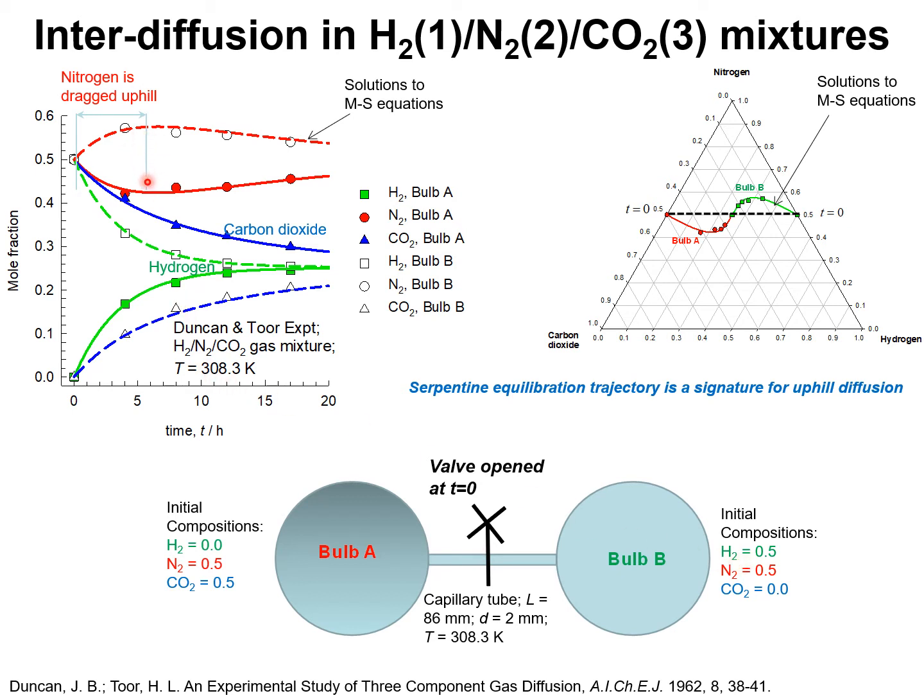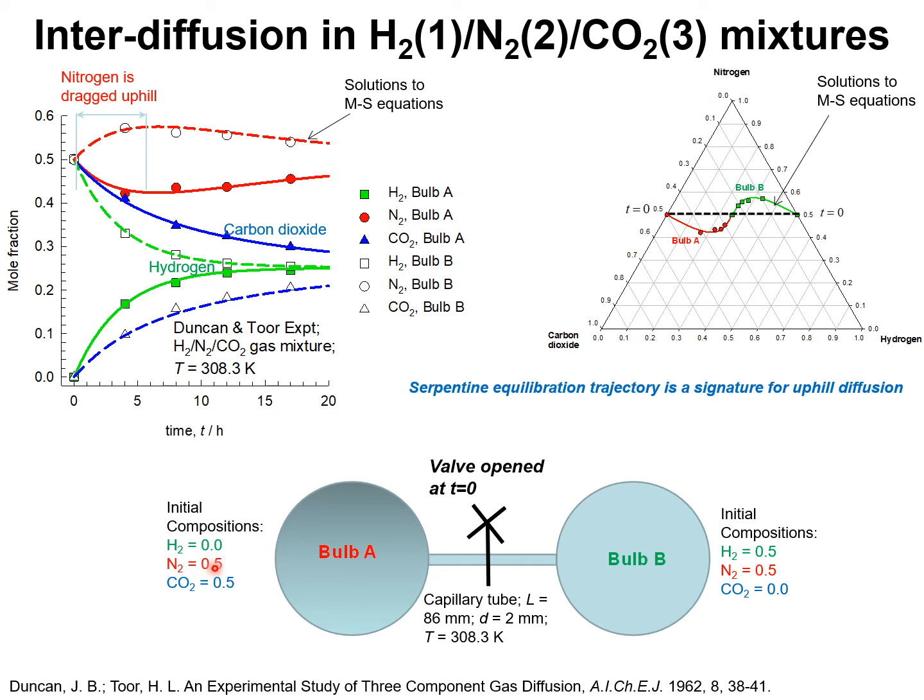So the uphill diffusion is a direct consequence of the friction between components 2 and 3.